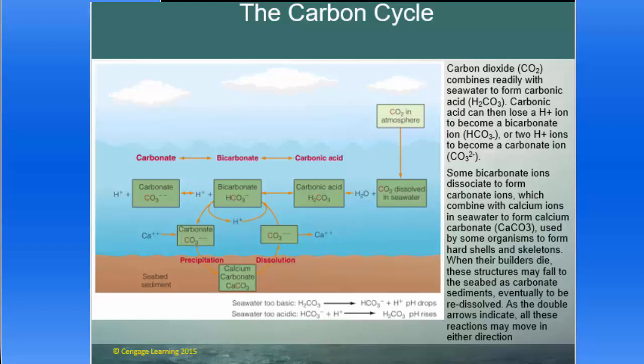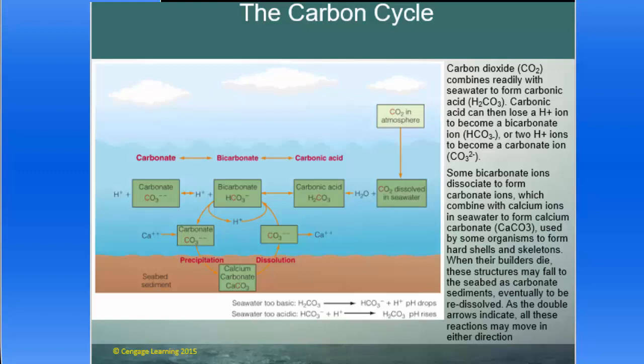It's like limestone, or like the shells of sea creatures, or the hard skeletons of sea creatures, or coral. So when those creatures die, those structures may fall to the seabed as carbonate sediments, eventually to redissolve and then turn into carbon dioxide in the water again. Or sometimes they're buried and compacted and lithified and turned into carbonate rock, like limestone.